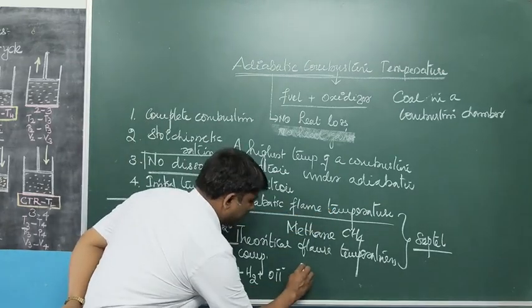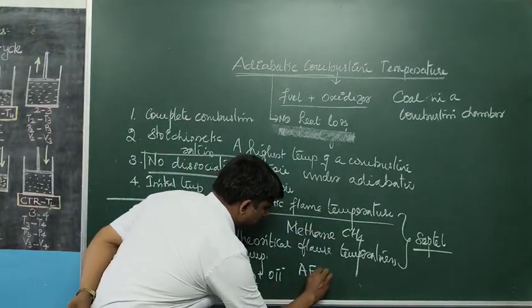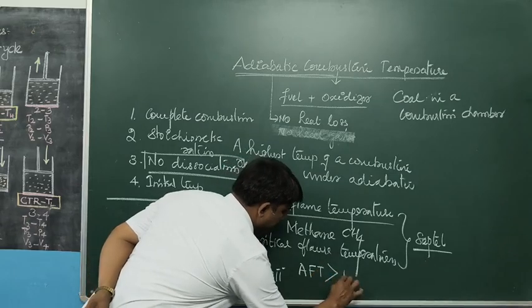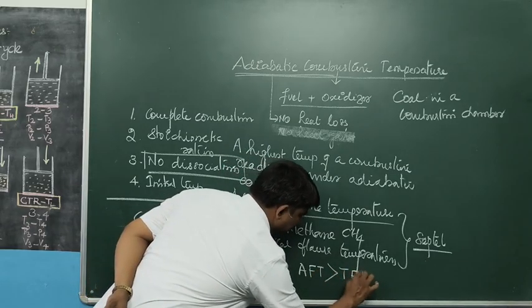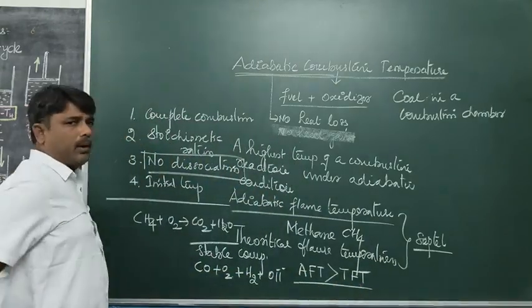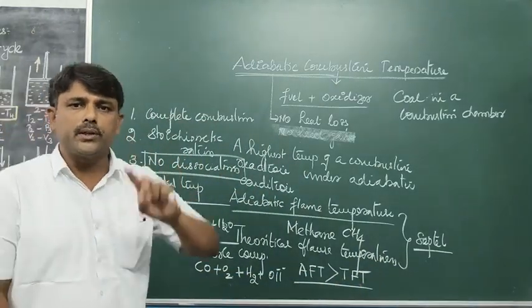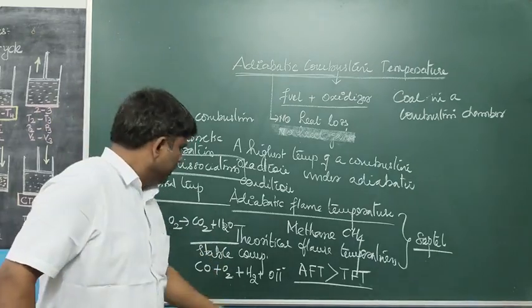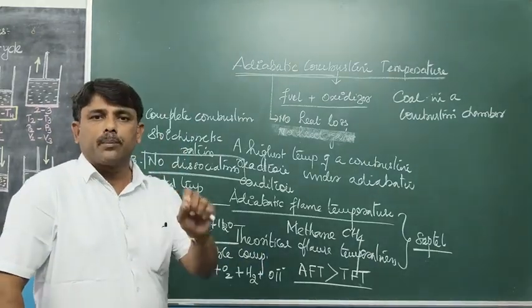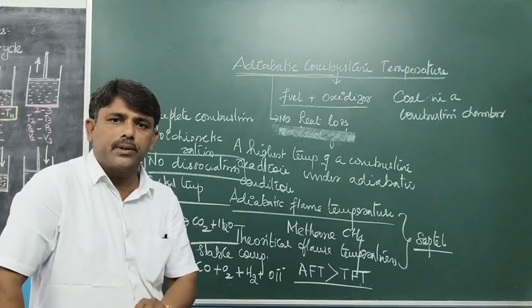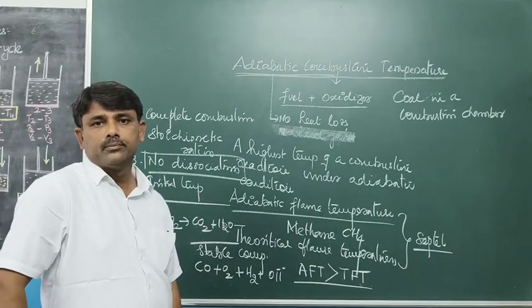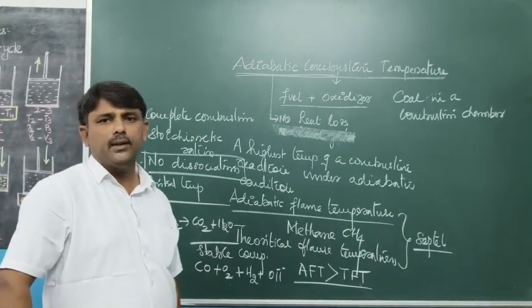Adiabatic flame temperature is greater than theoretical flame temperature. Clear? In adiabatic flame temperature, there is no dissociation and the products are stable. In theoretical flame temperature, the products are unstable, there will be formation of new components, and dissociation is present. Okay? Thank you.